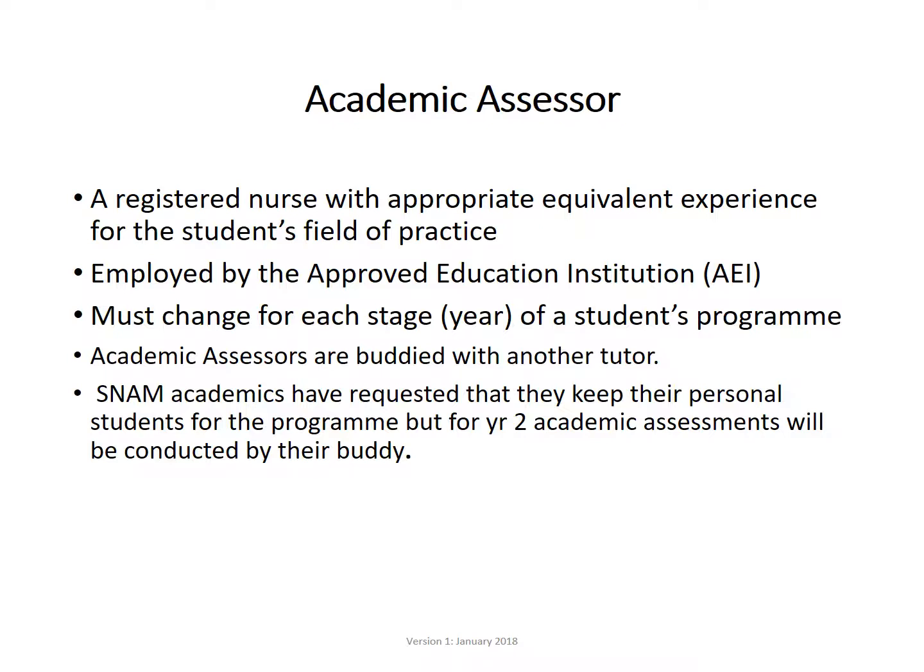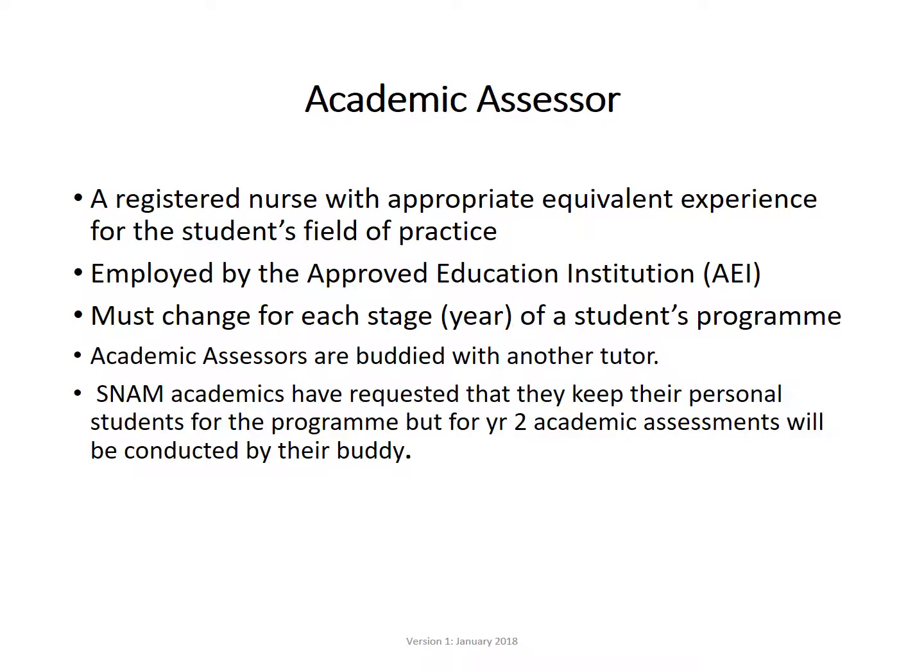So what we are doing is our SNAMS academics are going to be buddied with another academic, and whilst you'll have your personal students for the programme, in year 2, the academic assessments will be conducted by their buddy. So you'll carry on responsibility as personal tutor for your students in year 2, but their buddy, my buddy, for example, will be doing the academic assessor role for my students in year 2.